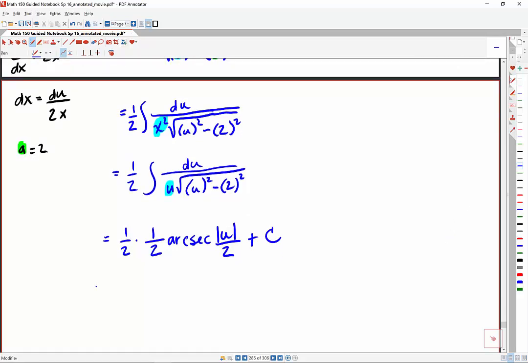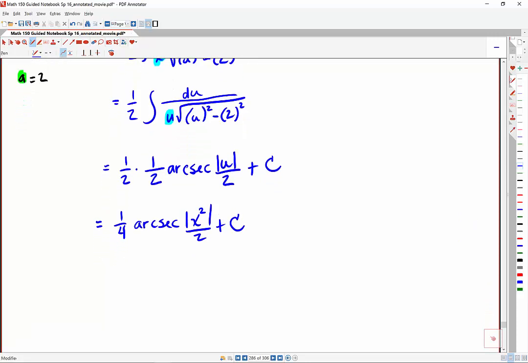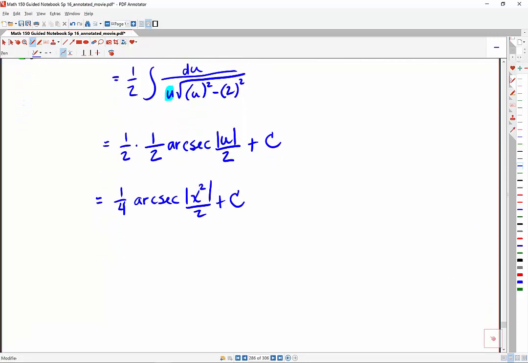Now, substituting back, we'll have 1/4 times arcsecant of absolute x squared over 2 plus c. But is x squared ever negative? No, it's not, right? So you'll have 1/4 times arcsecant of x squared over 2 plus c, and we're done.